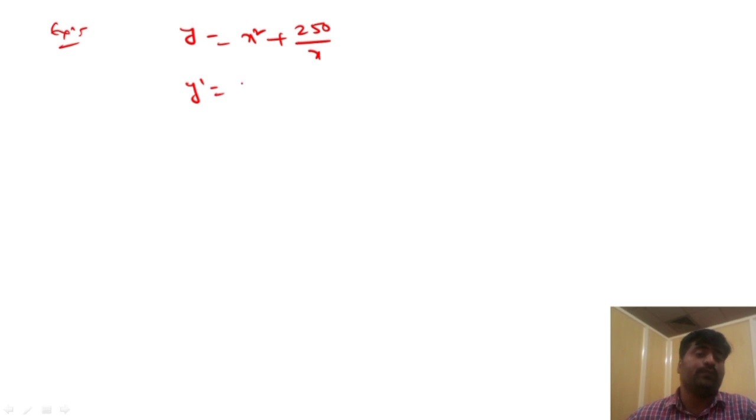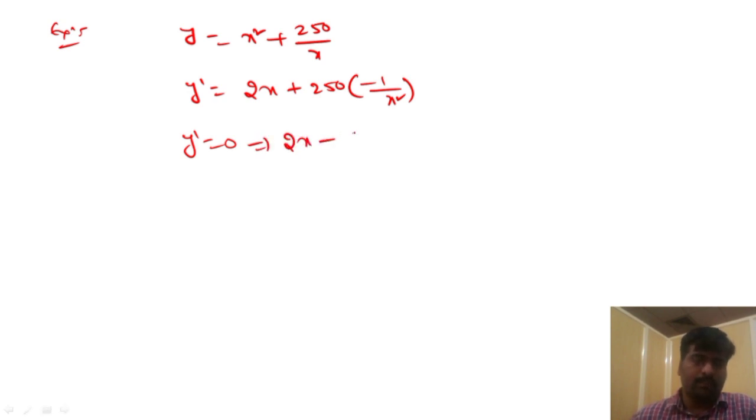For this, the first step is y'. We need to find y' = 2x + 250 times the derivative of 1/x, which is −1/x². So by equating y' to 0, 2x − 250/x² = 0.